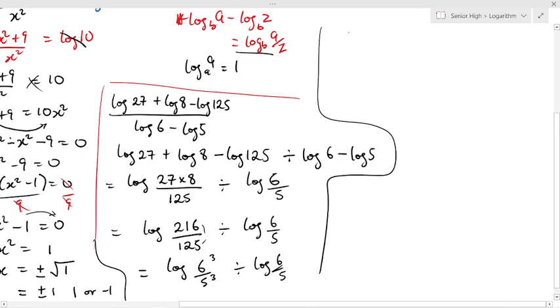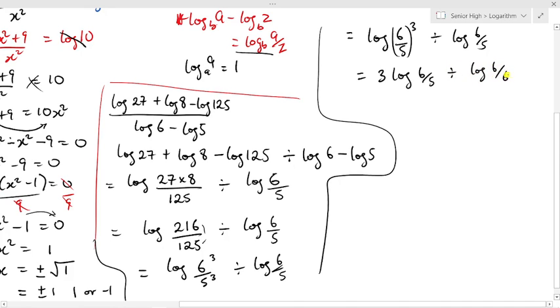So solving this, we have log of (6 over 5) all raised to the power of 3, divided by log 6 over 5. Remember the law I used, the exponent becomes a multiplying factor: 3 log 6 over 5 divided by log 6 over 5.